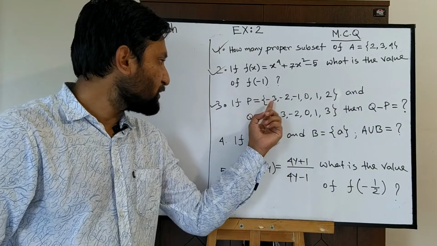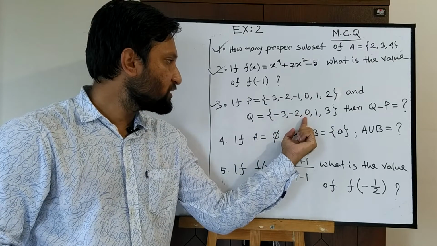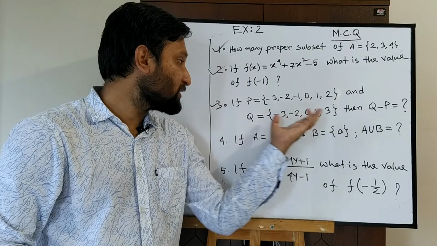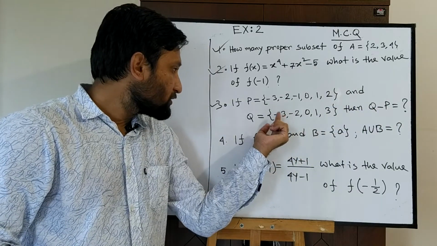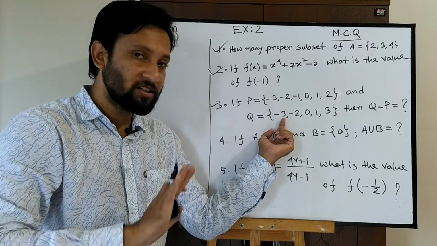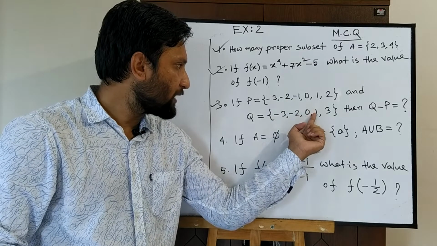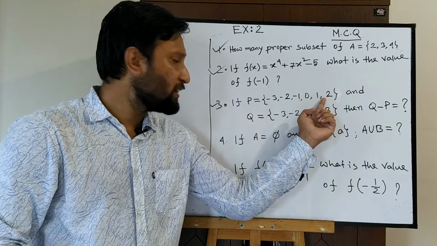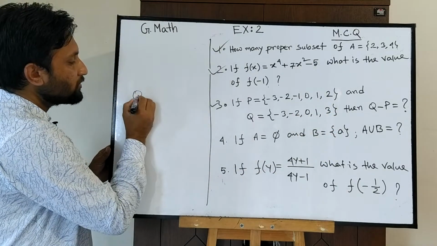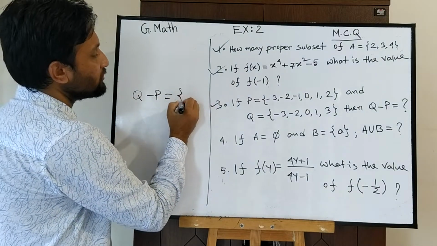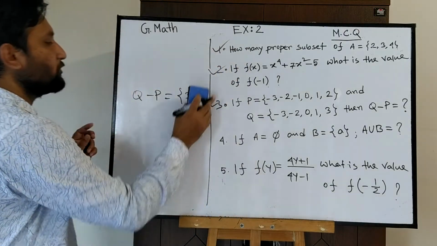Here the elements of P are minus 3, minus 2, minus 1, 0, 1, 2, but the elements of Q are minus 3, minus 2, 0, 1, 3, and we have to subtract P from Q. Okay, so subtract P from Q: minus 3 vanishes, and minus 2 vanishes, 0 and 0 vanish, and 1 and 1 vanish, but in P there is no element 3, so the answer will be 3. That means Q minus P equals only 3. This is the answer.